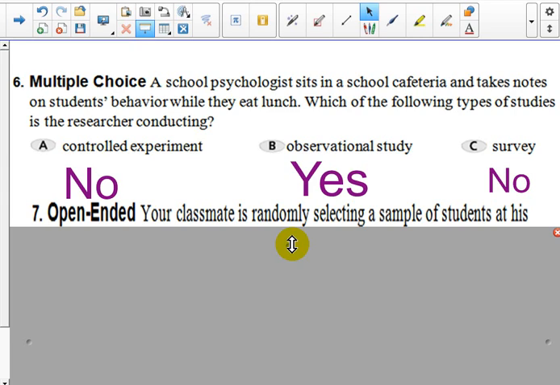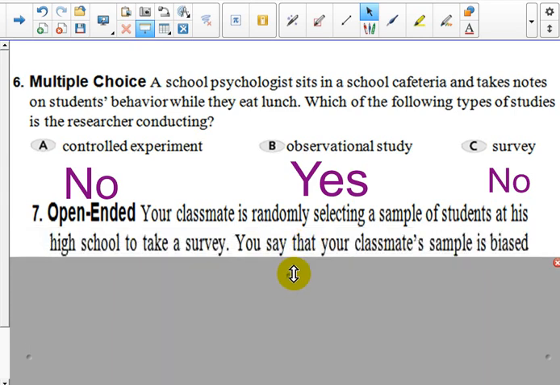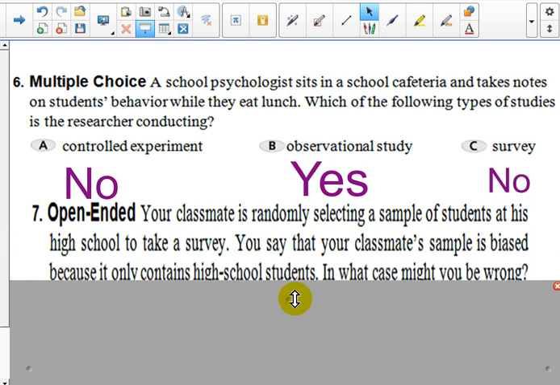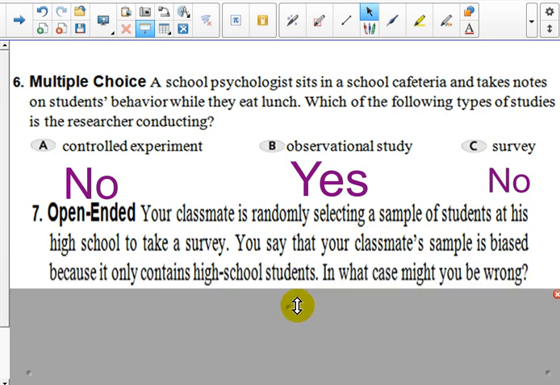All right. Number 7, this is an open-ended question. Again, it says your classmate is randomly selecting a sample of students at his high school to take a survey. You say that your classmate's sample is biased because it only contains high school students. In what case might you be wrong? So a few seconds here.